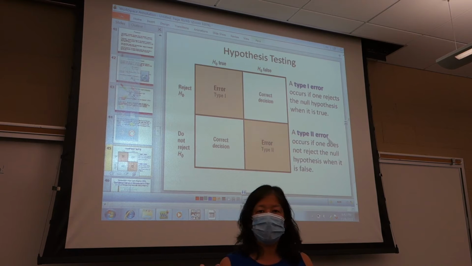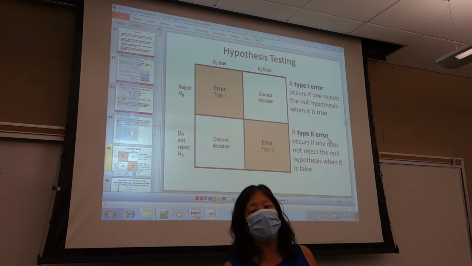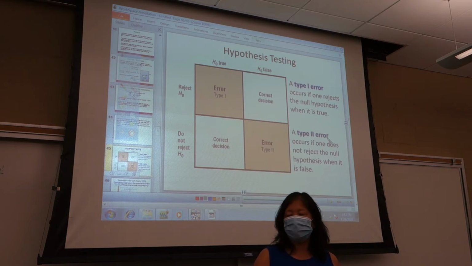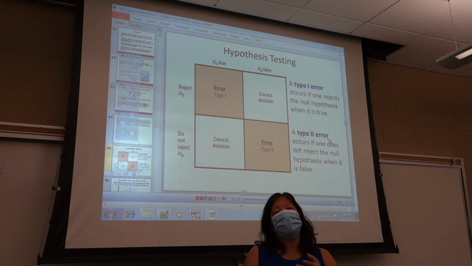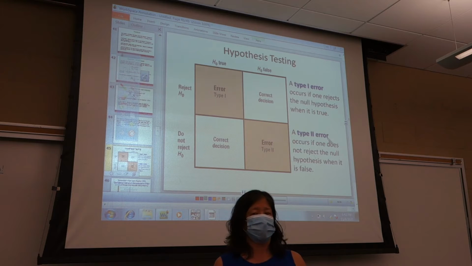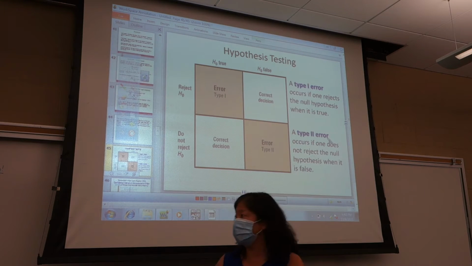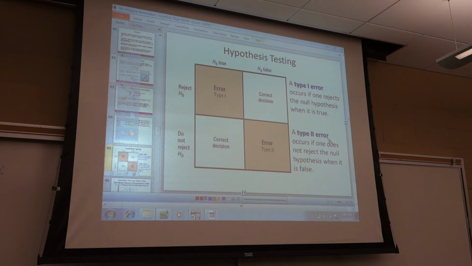Everybody with me? It's not 50-50. But when you did your examples, maybe out of 8 cards, 8 people drew, maybe 5 of them were black, 3 of them were red. But that's not enough evidence to reject the null hypothesis based on that, right? It's within the range of reasonableness. So it's sort of like this.